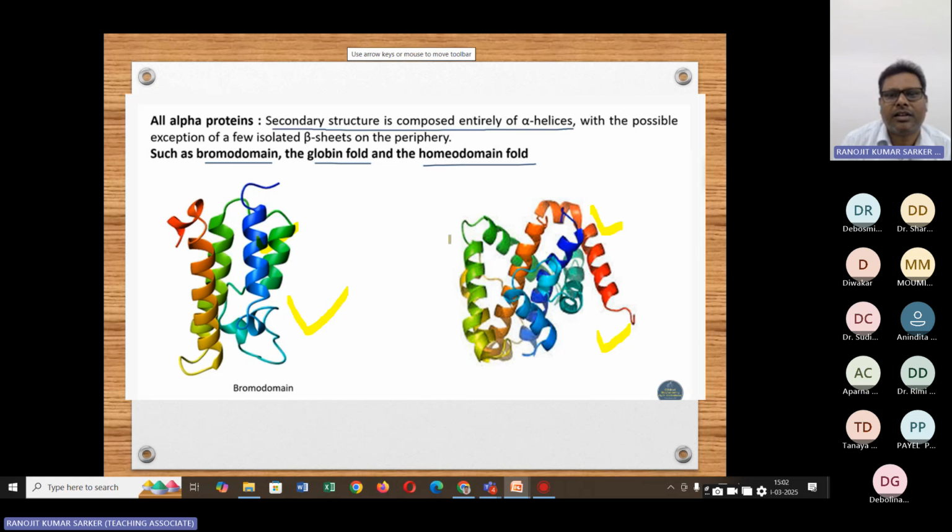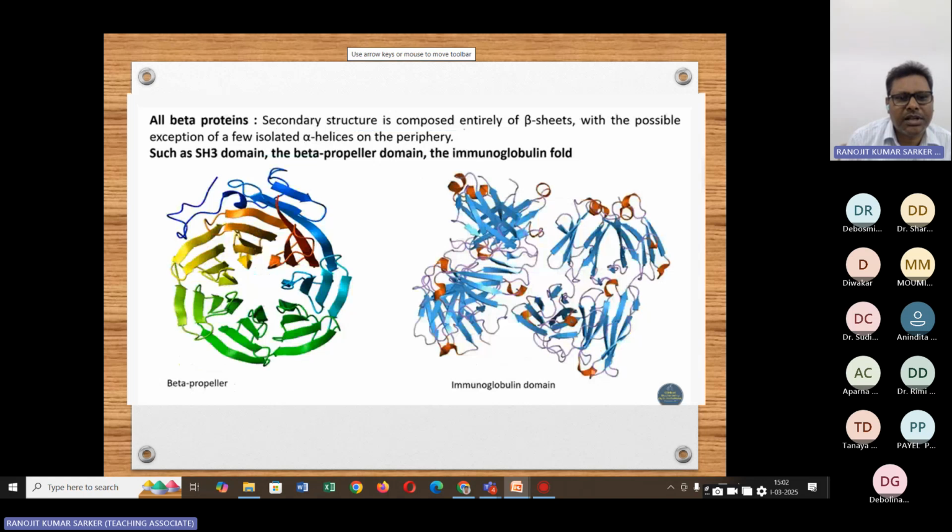This is a bromodomain protein, a globin fold, and this one is a heme domain fold. Now you see the beta propeller protein, which is an all beta protein.